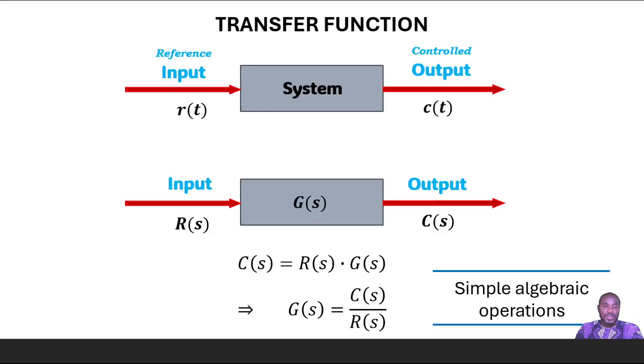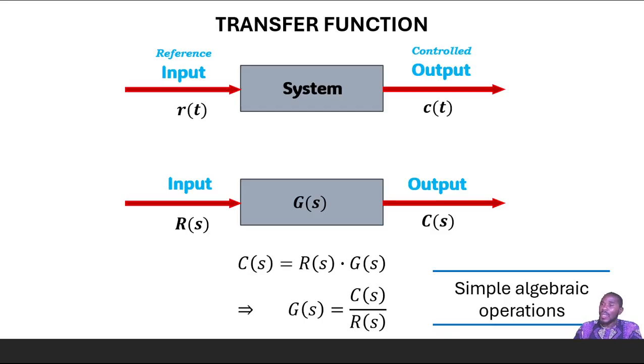So let's go back to the transfer function. We have a system, and there is an input R of t. That's the reference input, the reference signal. That's the signal that your system is going to use to determine what the output should be, and that's why we're calling it R of t.